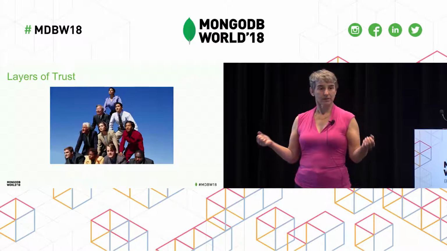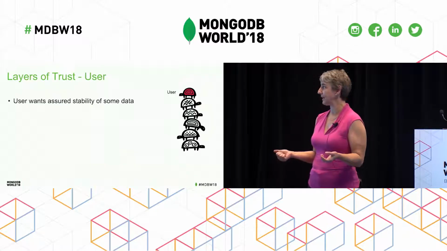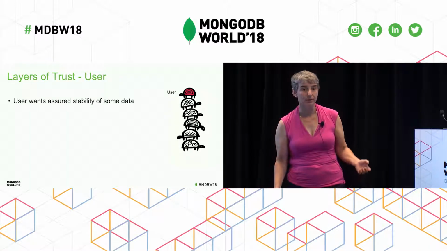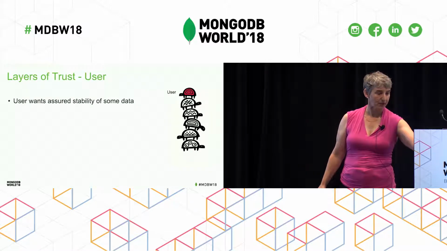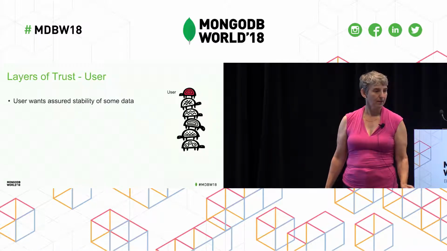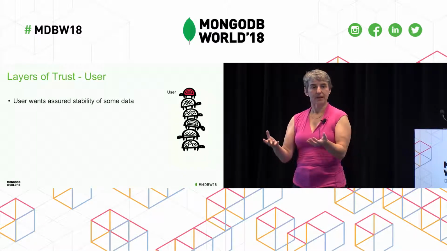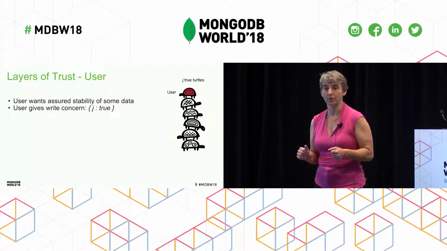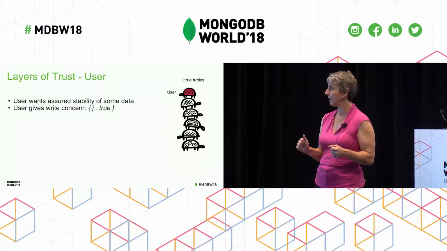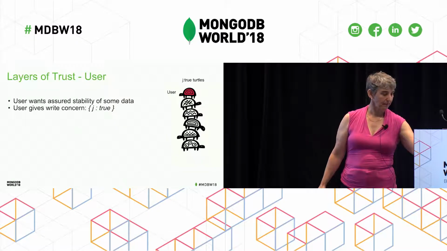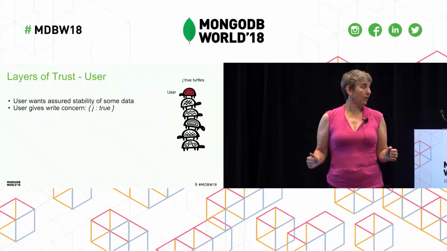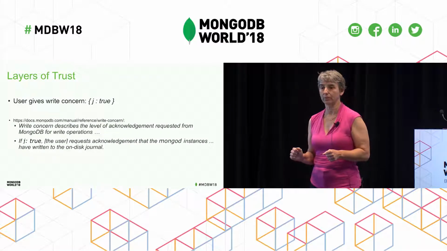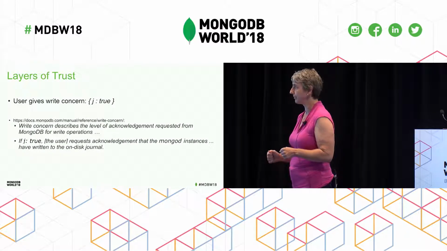So let's say you, the user, has some important data. You really want to make sure this important piece of data is stable when you insert it into your MongoDB database. So in this example, because I'm primarily focusing on single node, let's assume you give a write concern of j:true. What does that mean? Here's the contract that MongoDB makes with the user when you give a j:true write concern.